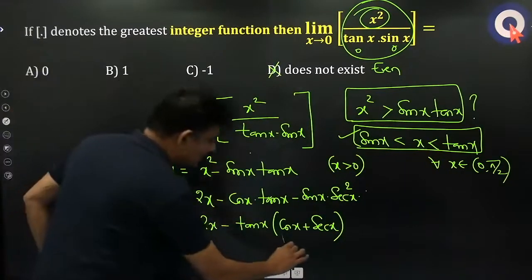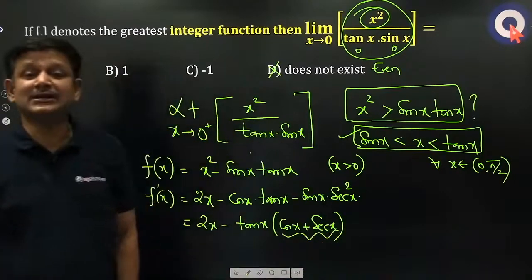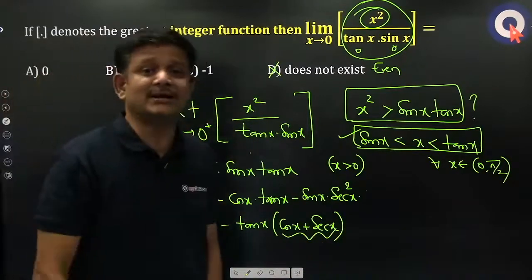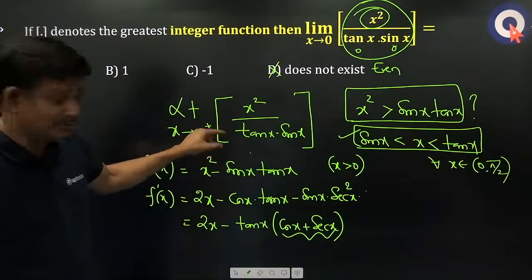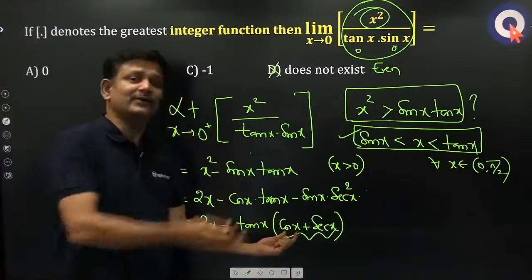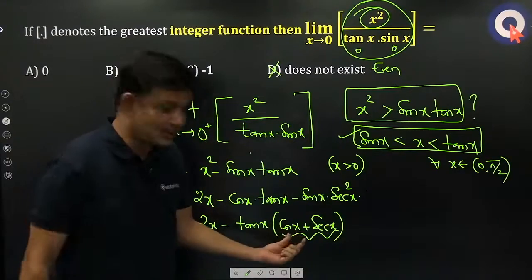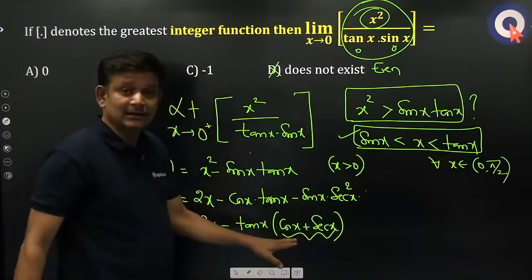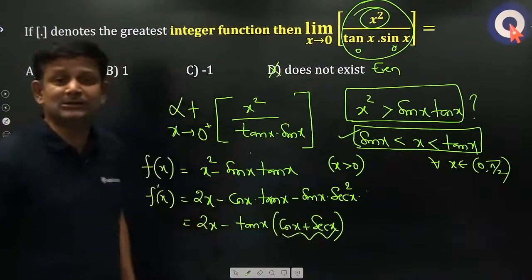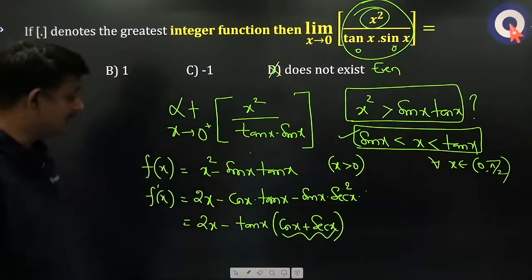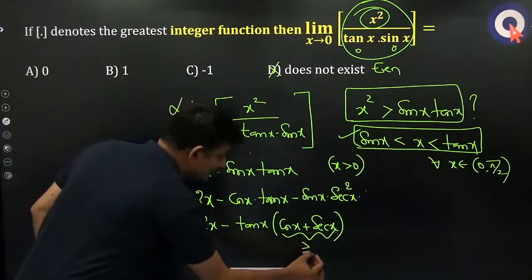And also cos x plus secant x, whenever I see it, I should see it as the sum of a number and its reciprocal. Especially because we are talking about 0 plus, this is a positive number; even had it been 0 minus it would have been positive. Sum of a positive number and its reciprocal, by AM-GM, will be greater than or equal to 2.